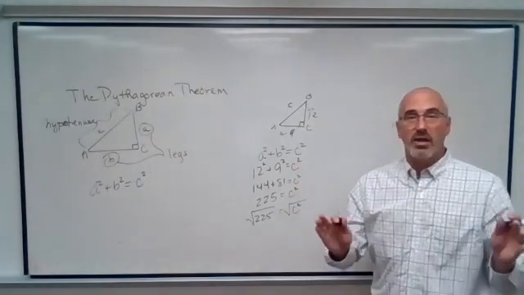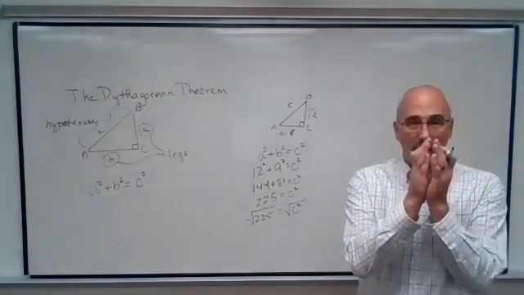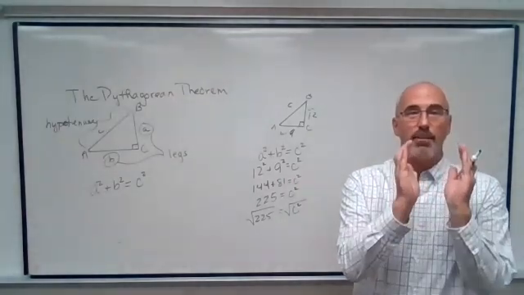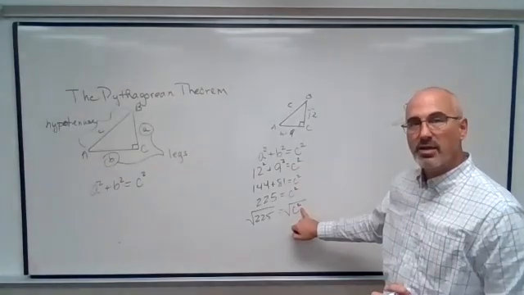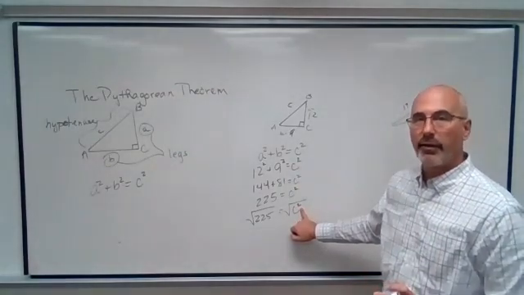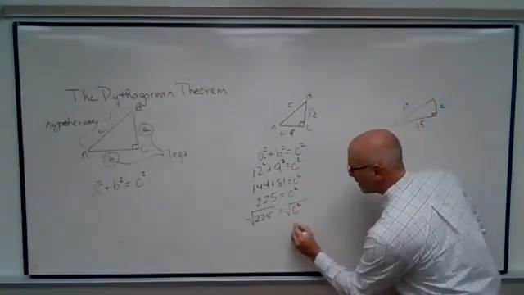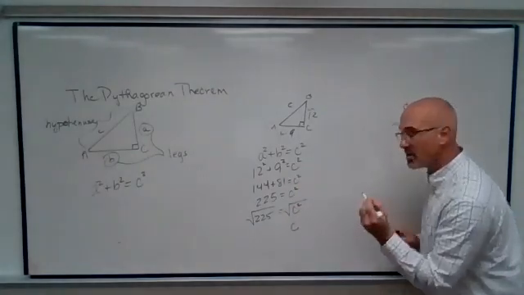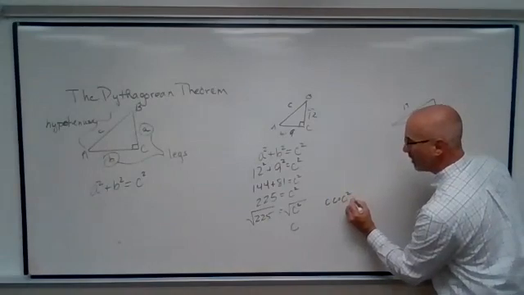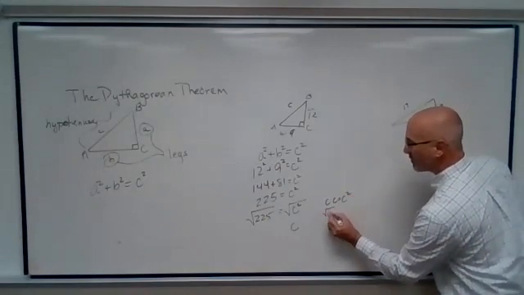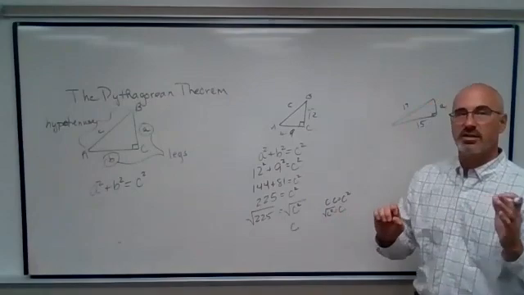Now a square root means what am I going to take to multiply by itself to get what's underneath here. So in other words, what times what equals C squared? Well, that is the letter C, because we know C times C equals C squared. Therefore, the square root of C squared is just C.